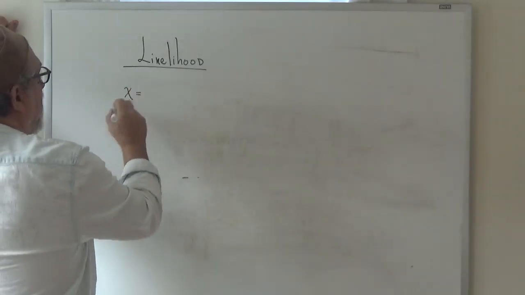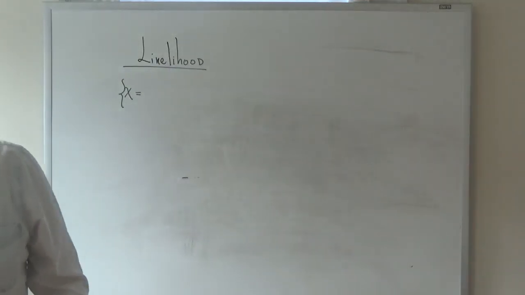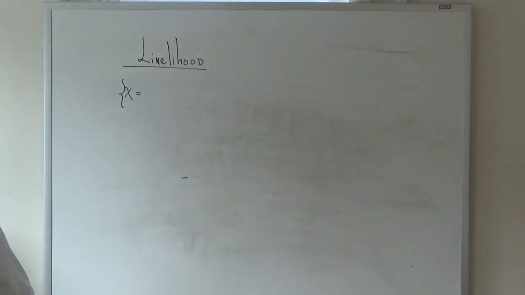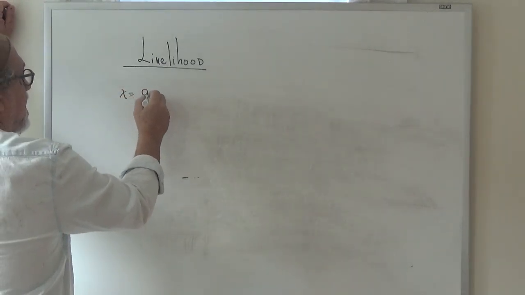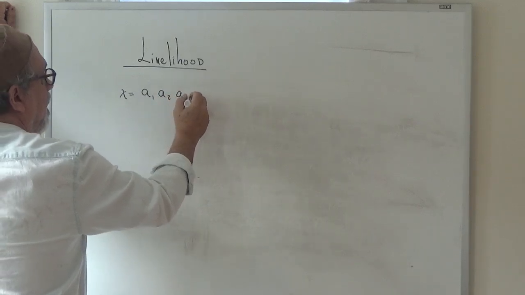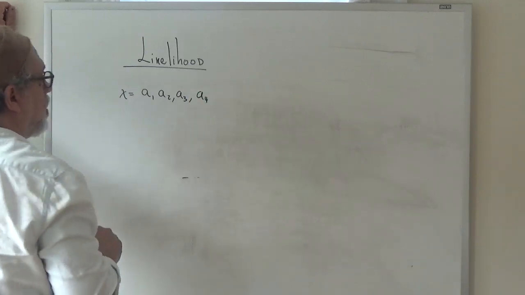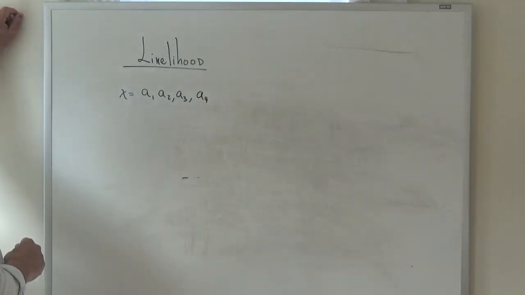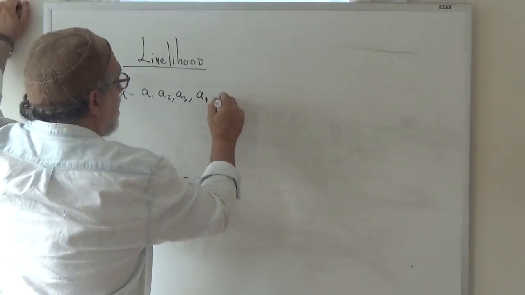Let me keep things simple and call it just x, which is, let's say, A1, A2, A3, A4. I don't need infinite of them, I just need some sequence. So I have this vector A1, A2, A3, A4 from some experiment.